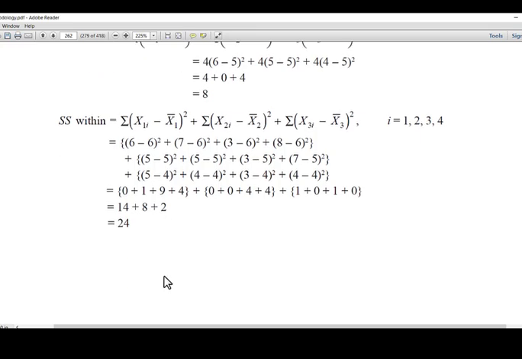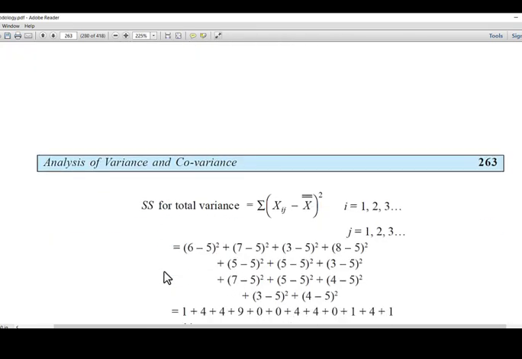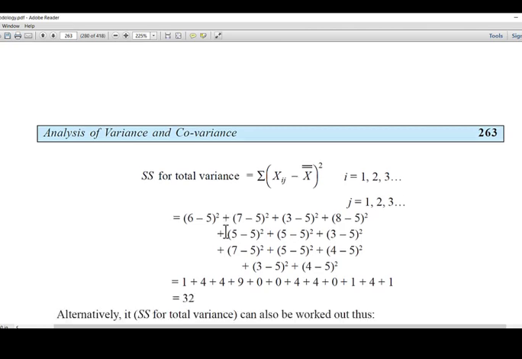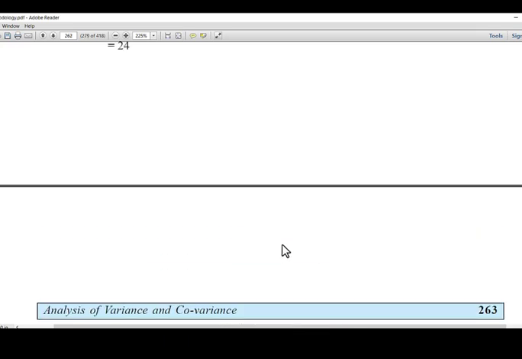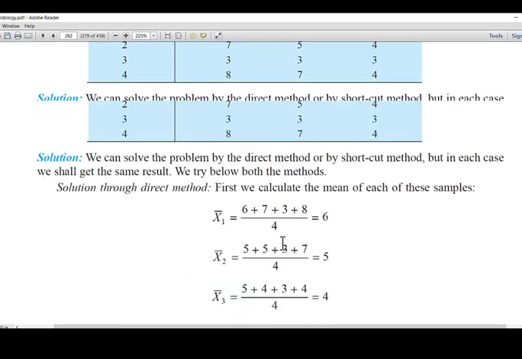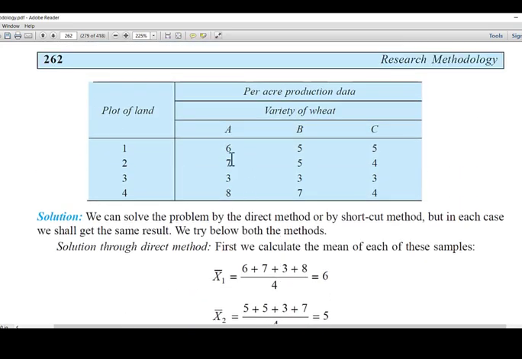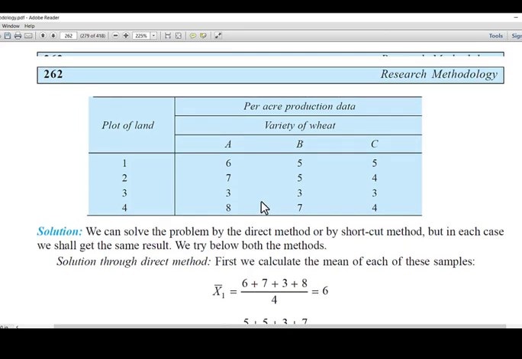And then SS for total variance, and this can be said as a check. That is sigma xij minus x double bar whole square. Here what we have done, we have taken all the elements and subtracted from the mean of means. Here you can see 6, 7, 3, 8. Then 5, 5, 3, 7.